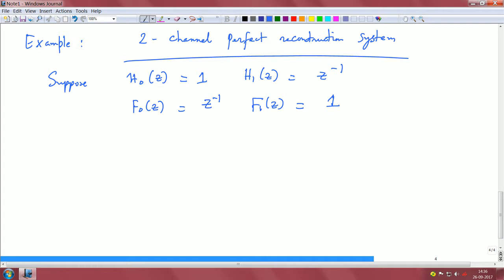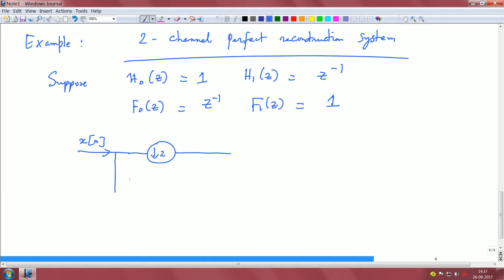So, we can sketch the schematic of the 2 channel system along with the downsamplers and upsamplers. So, we have x of n, then this goes through a downsampler because there is unit gain here, right. H naught is 1, so therefore, I am just not putting any filter here.